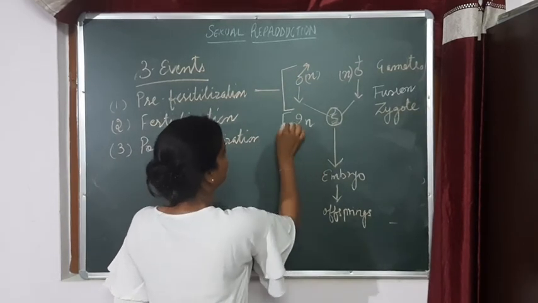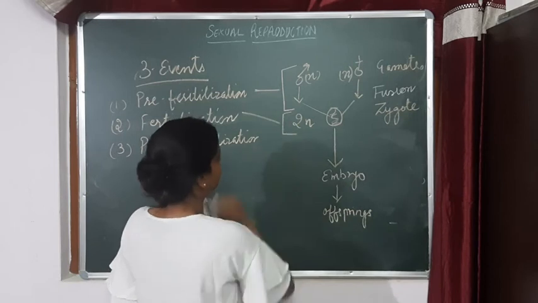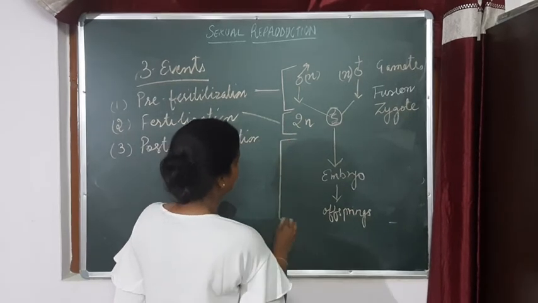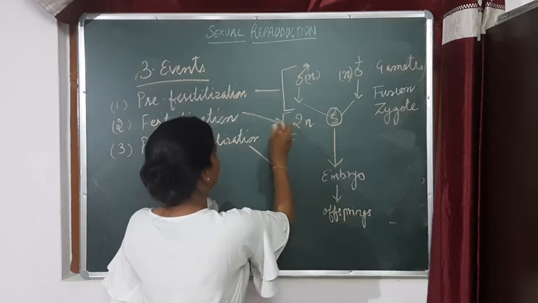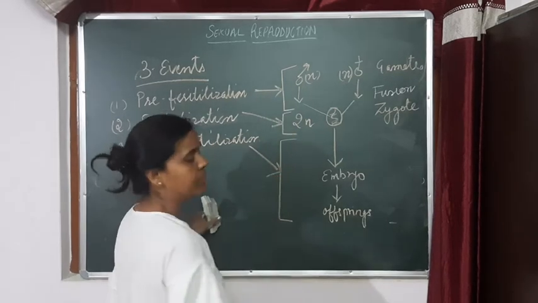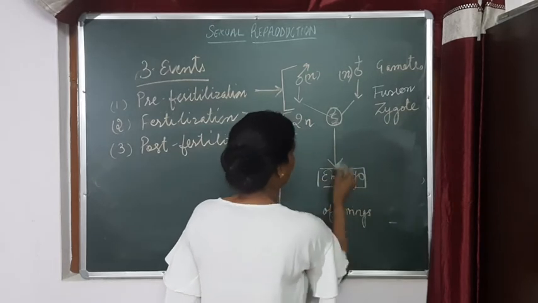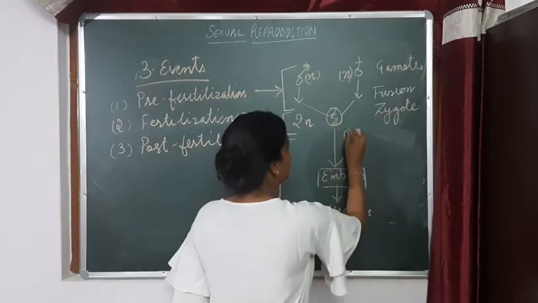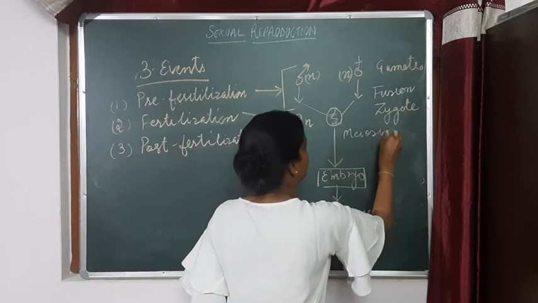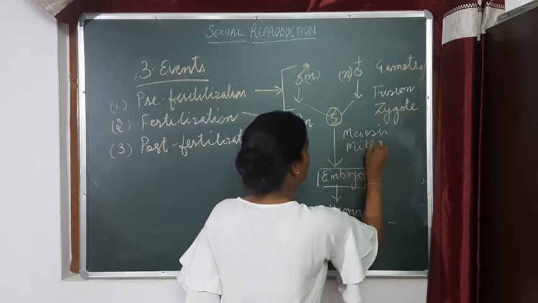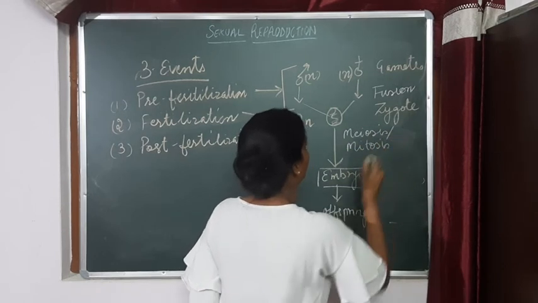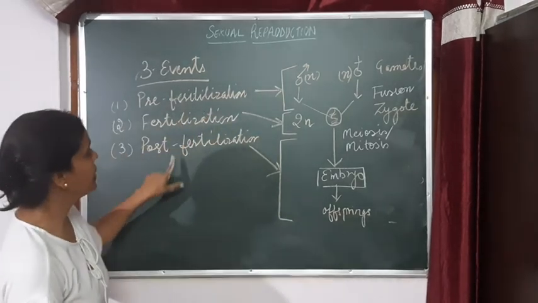The fusion of gametes comes under fertilization, and this comes under the post-fertilization events, the formation of embryos. Again, it will undergo meiosis and a process of mitosis again. So these were the three events.